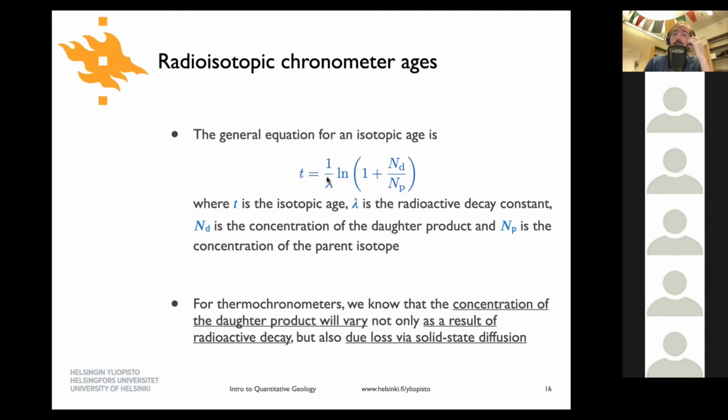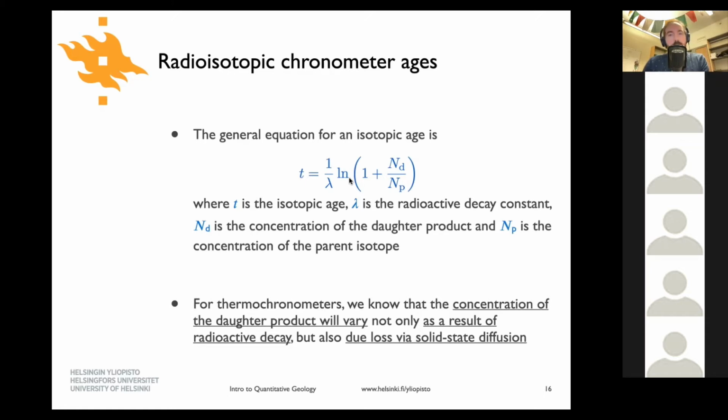This is the radioactive decay constant of the parent isotope. If we know something like the half-life and the concentrations of parent and daughter product, we can generate an age for how long it took to produce that much daughter product. That's the standard view of how things work in a closed system.